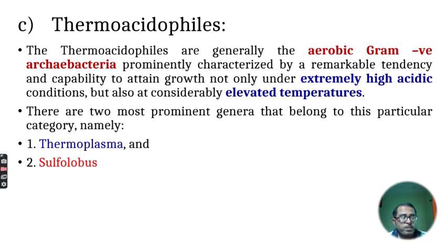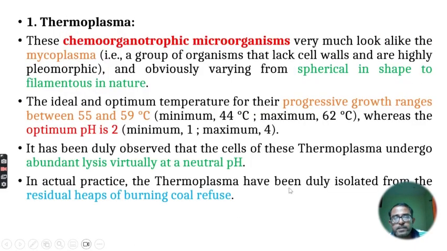So these two conditions must be satisfied in order to grow these thermoacidophilic bacteria. Now these thermoacidophilic bacteria are divided into two prominent genera, Thermoplasma and Sulfolobus. These are the two groups present in thermoacidophile Archaebacteria.